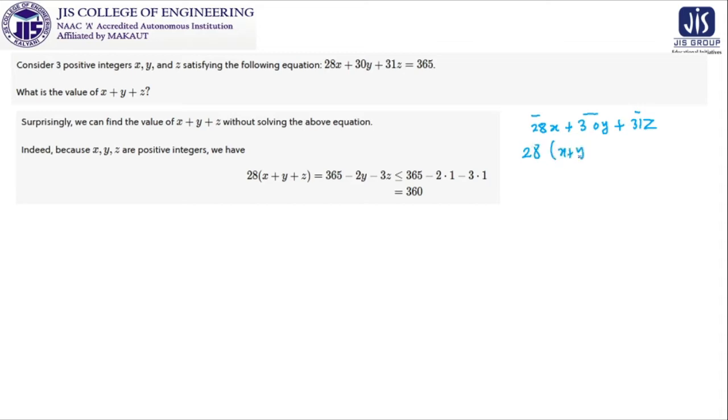So it will be 28 times x plus y plus z, plus 2y plus 3z. This 2y plus 3z is taken to the right hand side, so it is written as 365 minus 2y minus 3z.